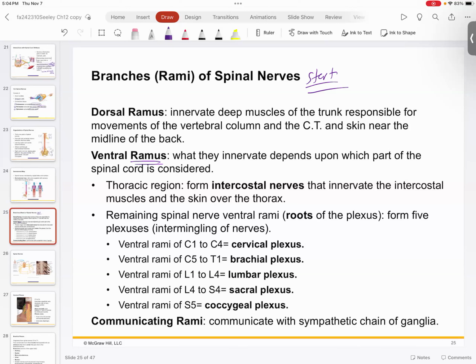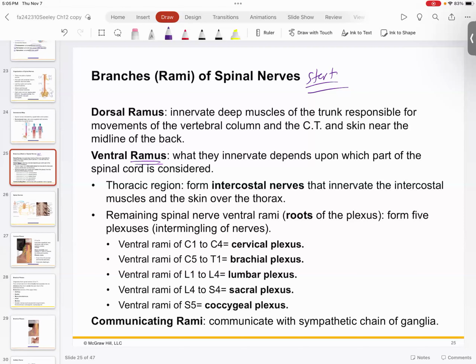The rest of it, however, the rami from the spinal nerves, or the roots of the plexus, before it starts to spread out and form these huge networks, will feed five regional areas. The ventral ramus of C1 to C4 will form the cervical plexus.